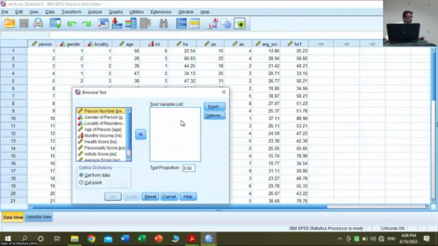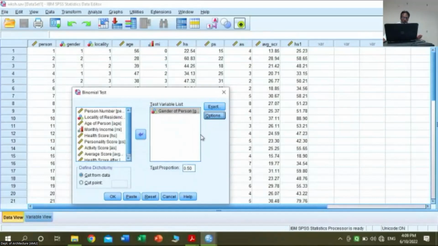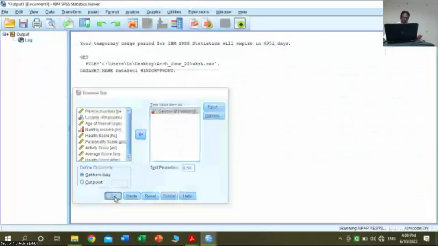Test variable is gender. Move gender. And test proportion is 50. Already I stated 50% or greater than, less than 50%. And here click on OK. And here you can select option descriptive and quartiles. No need to select anything here. Just click on OK.